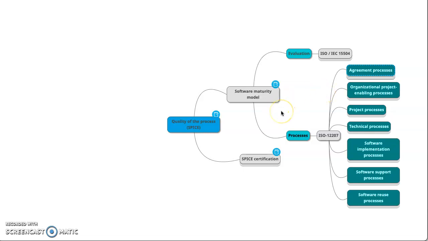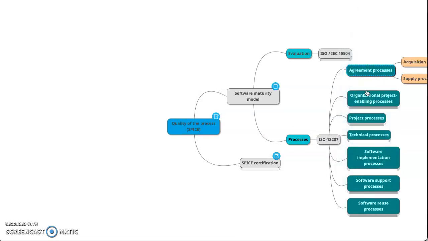Thinking about software engineering processes and developers, we are almost all in the parts from technical to software reuse processes, but we will review each of them.